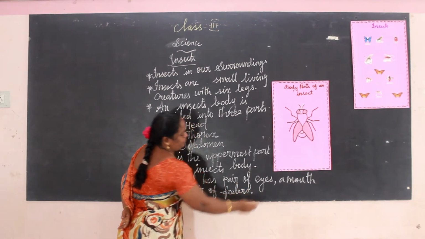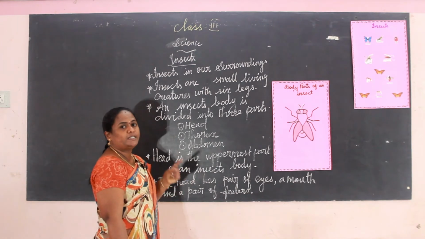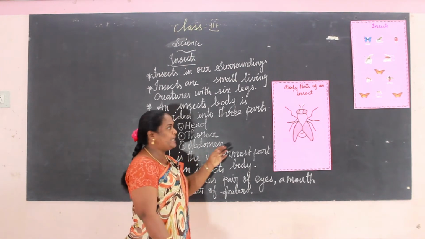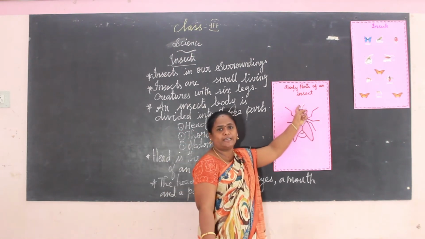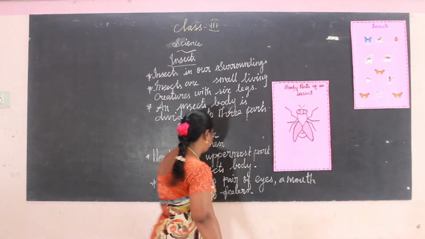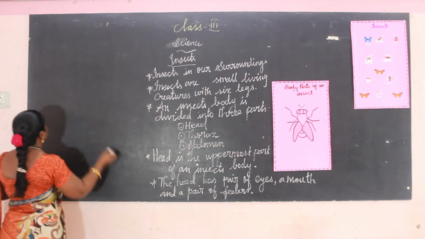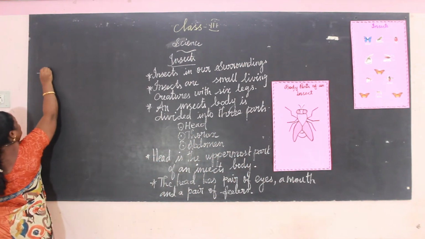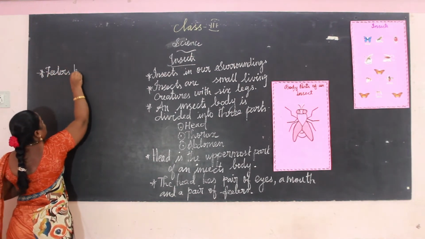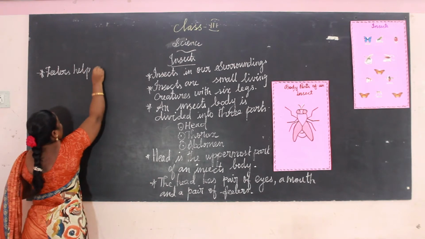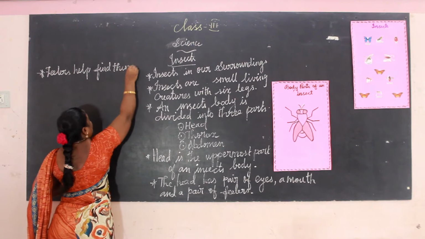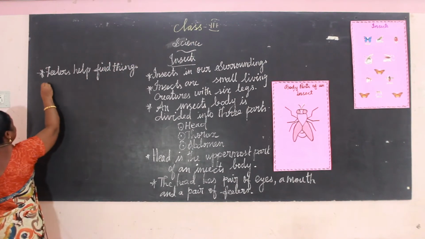So the feelers help the insect find things. So this is a feeler. The feelers help find things and search for food.